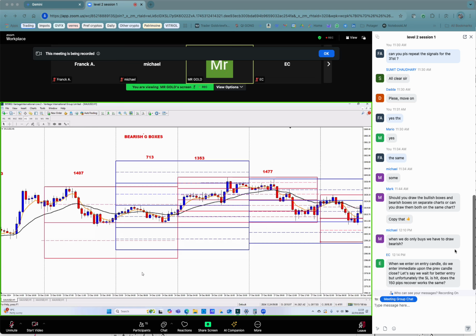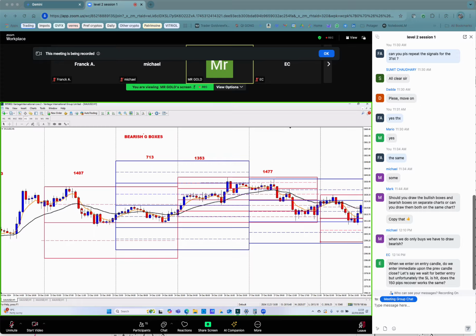So the entry candle is always after the close. If here you have a body close below this half line, gap to the next line, that's your entry candle opening. So if that's your entry candle opening, you have to measure the SL from the opening of the entry candle, not from where you enter. From where you enter, you can enter from a better entry.